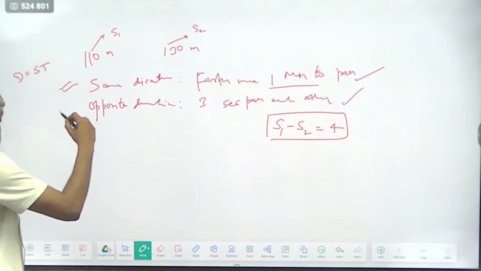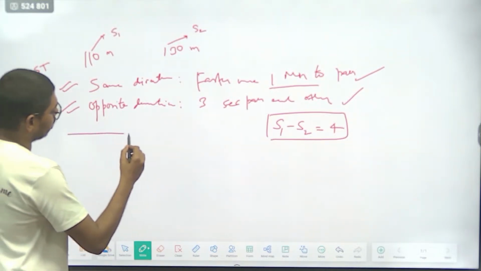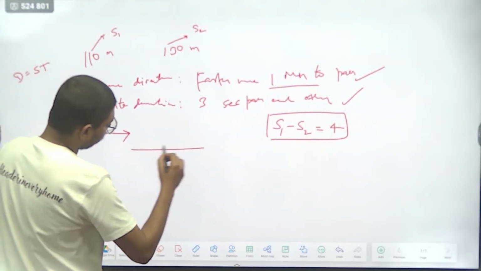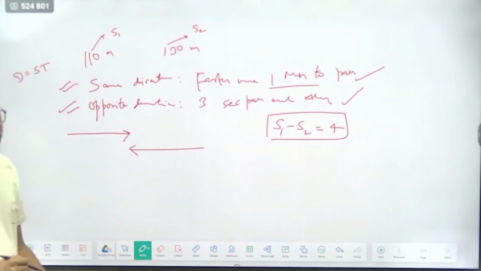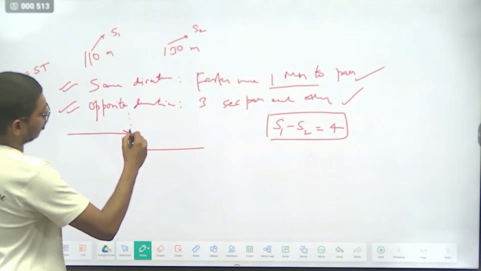This is the case for the same direction. Now for the opposite direction, this is the bigger train, I mean the faster train, for example. This is the slower train. At this particular point, we will say that it has started crossing.